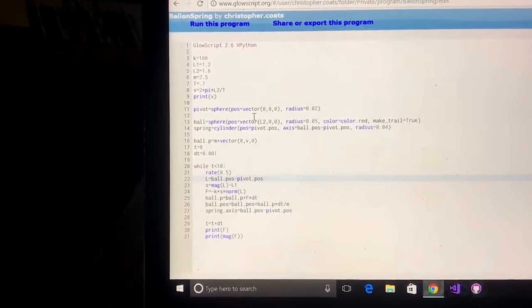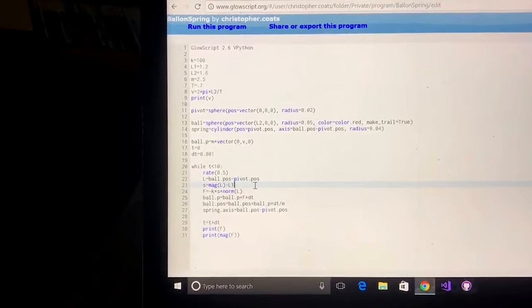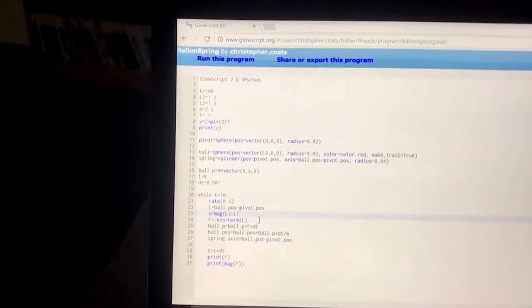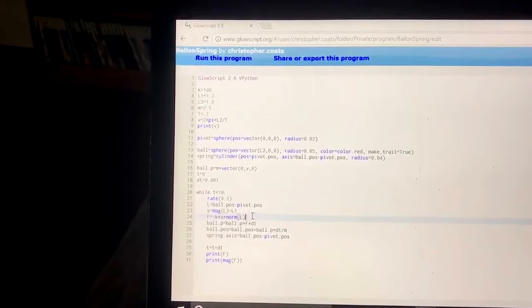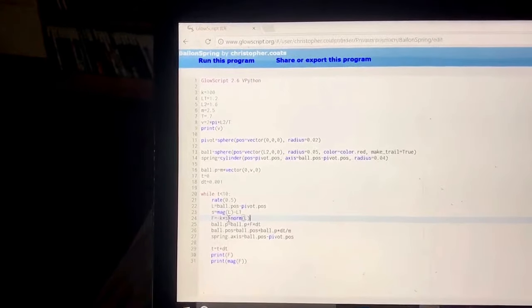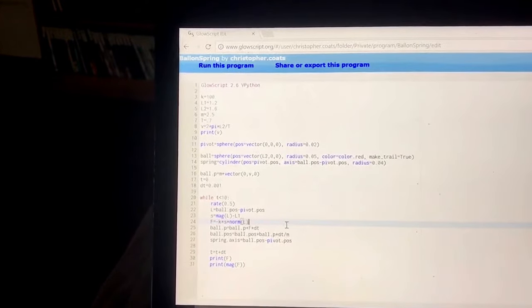So it'll just keep subtracting those. And then the stretch is the magnitude of L minus L1. And then the force is negative K times the stretch times the magnitude of the length.